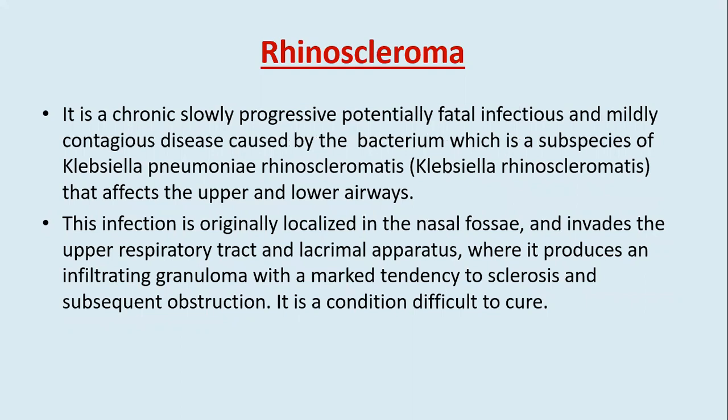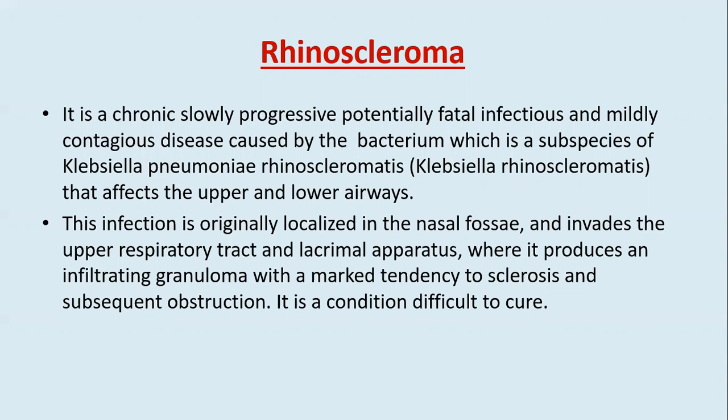Rhinoscleroma. Rhinoscleroma is a chronic, slowly progressive, potentially fatal, infectious and mildly contagious disease caused by a bacterium which is a subspecies of Klebsiella pneumoniae, known as Klebsiella pneumoniae rhinoscleromatis or Klebsiella rhinoscleromatis, that affects the upper and lower airways.